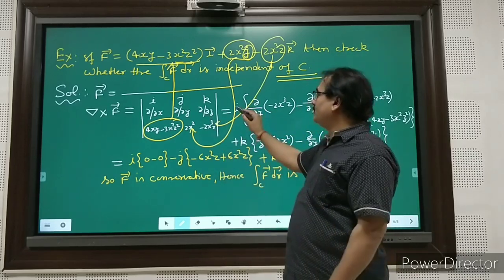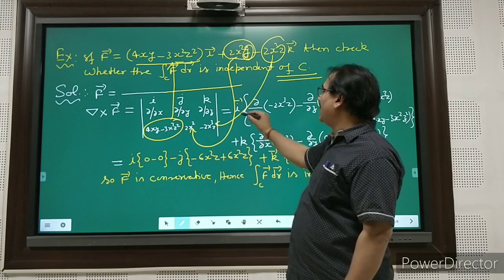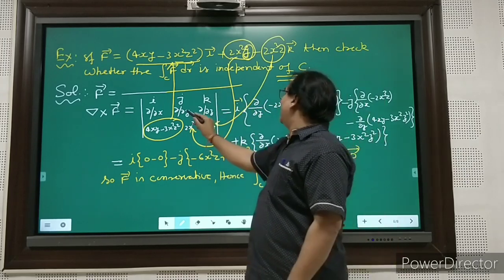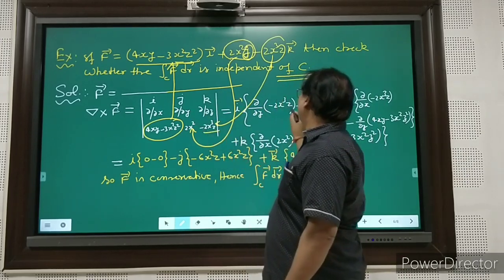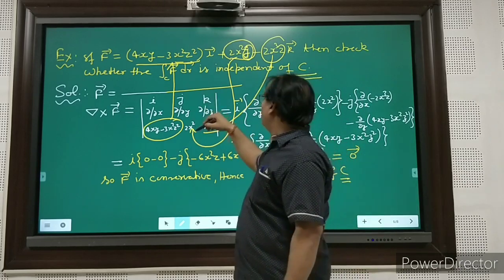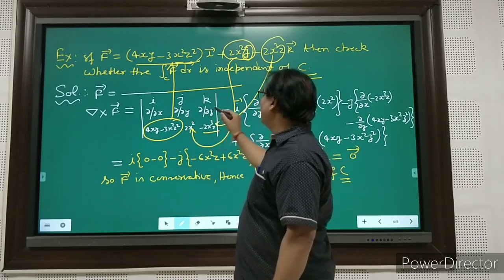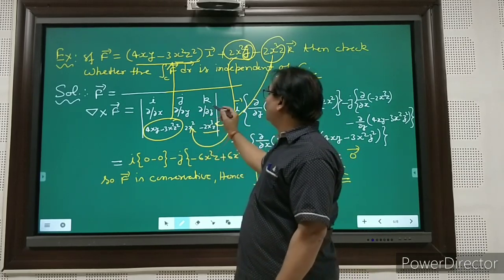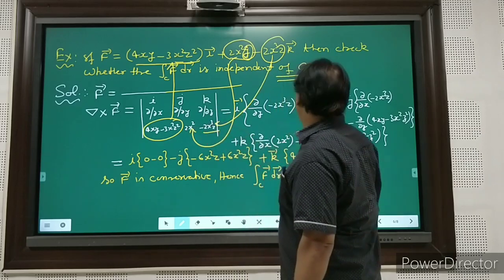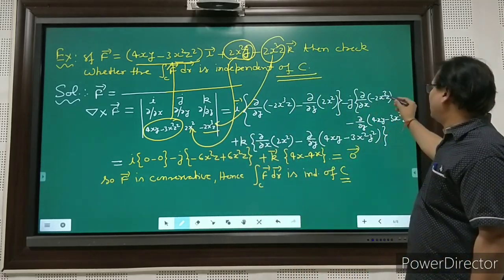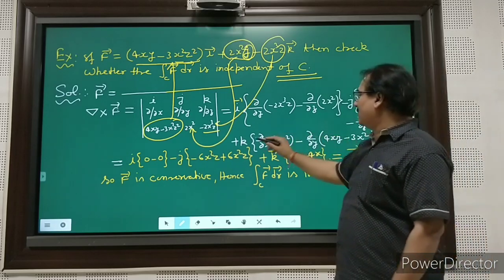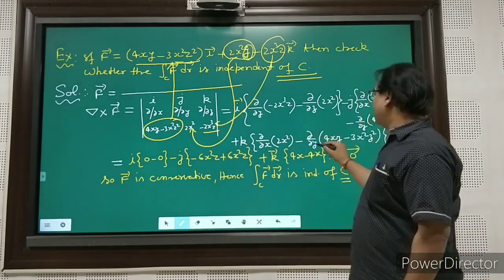How to expand, just look. i times del over del y of minus 2x cube z minus del over del z of 2x square. Similarly, you can write del over del x and del over del z for j, and plus k with del over del x and del over del y.